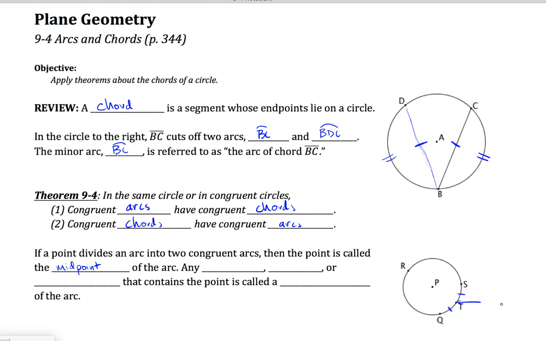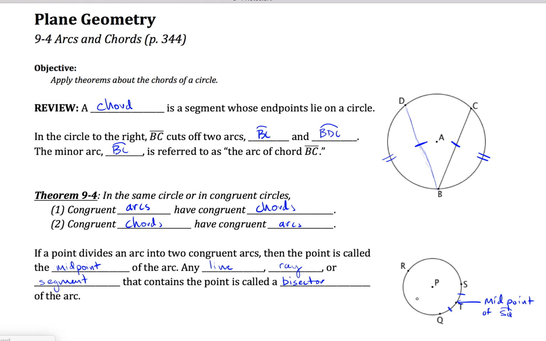So T could be referred to as the midpoint of arc SQ. And then any line, ray, or segment that contained point T would be called a bisector of arc SQ.